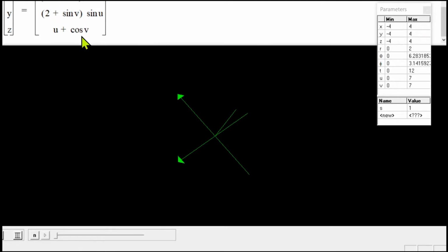Let's look at x and v. 2 gives us the radius. At some point, we have now off from there sine v, cosine v. With y and v, sine v, cosine v. Do you see tiny little circles?